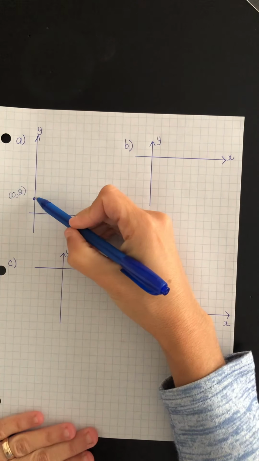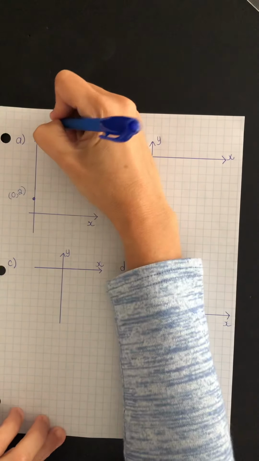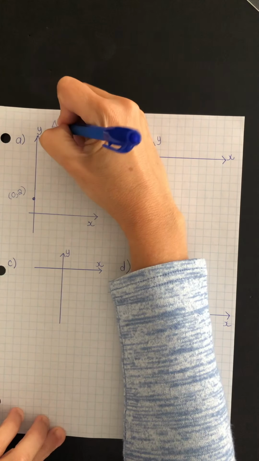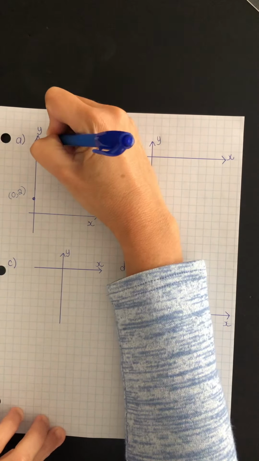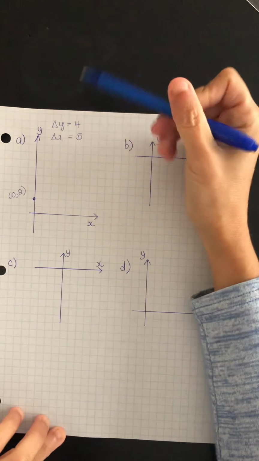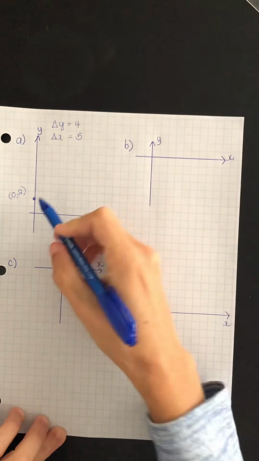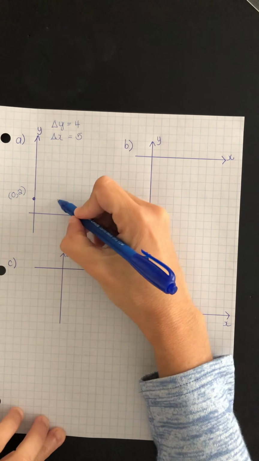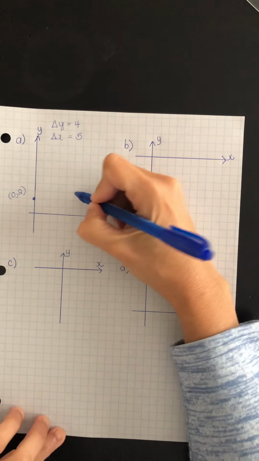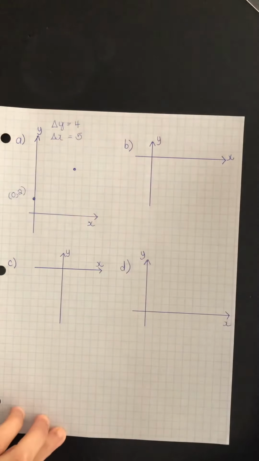And from there, remember, we want the rise to be 4 and the run to be 5. So what does that mean? That means 5 to the right, 4 up. So from this point, 1, 2, 3, 4, 5 to the right and 4 up. 1, 2, 3, 4. Right there.